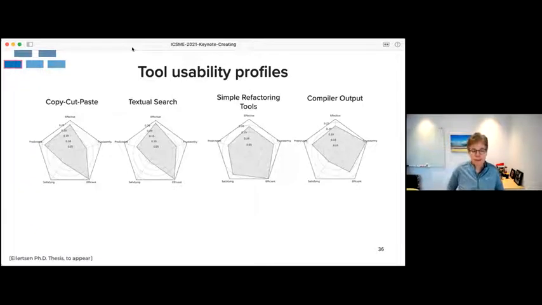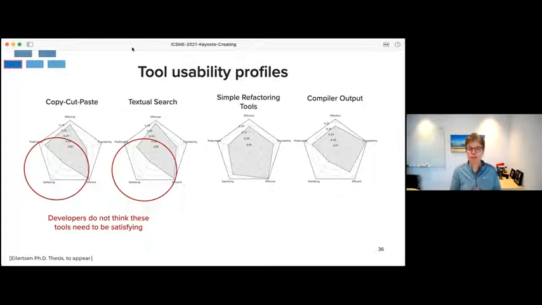What I think is interesting that came out of this particular survey is we asked them about the trade-offs of these usability characteristics of effectiveness, predictability, satisfying, efficiency, and trustworthiness for the different kinds of tools. And then Anna used radar plots to try to get a sense of how people trade off these different characteristics.